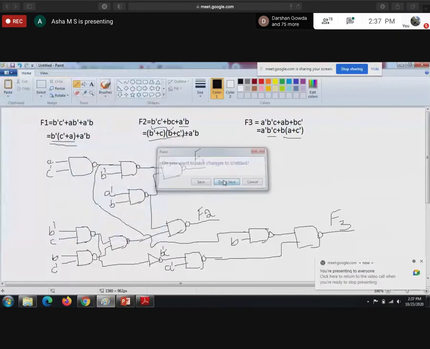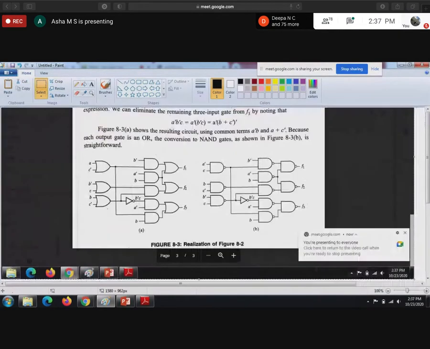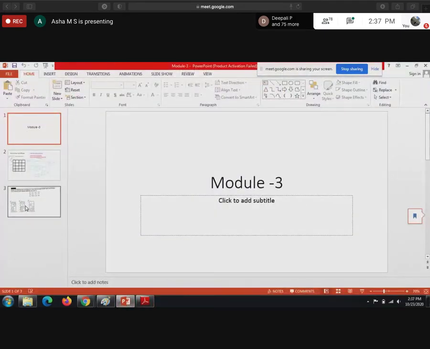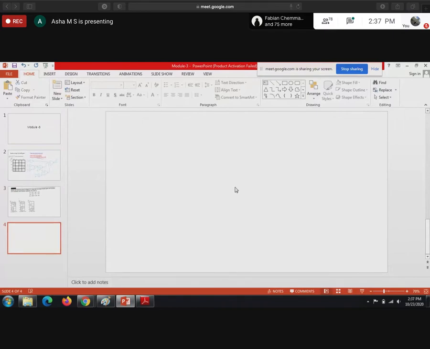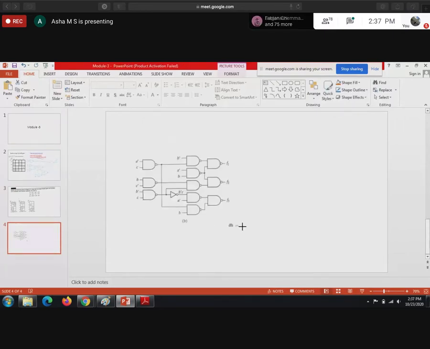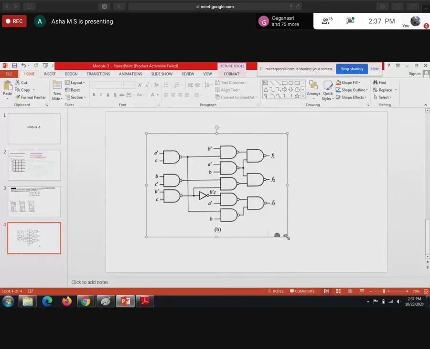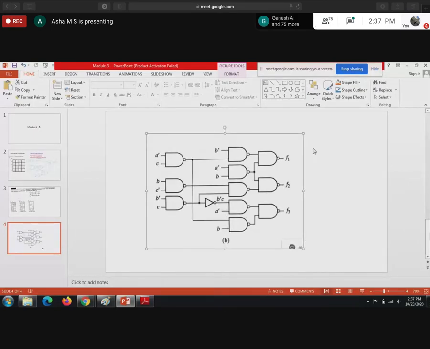No need to write the OR gate, you will be confused. So take down only the second one. What I have written is the same as this only. The way of representation is different. That's it. They have maintained it level by level, neatly written.